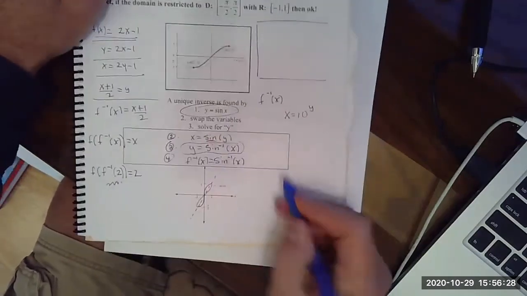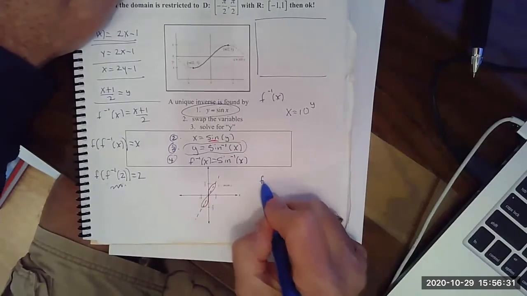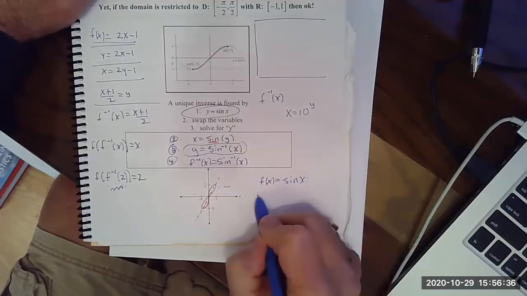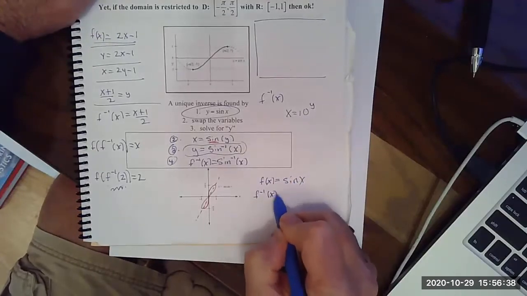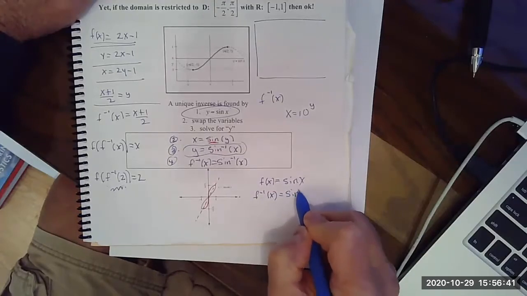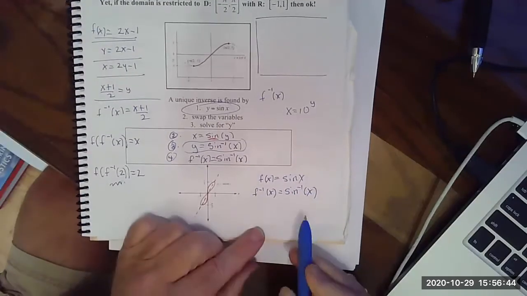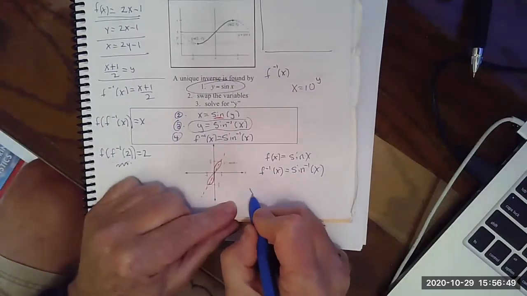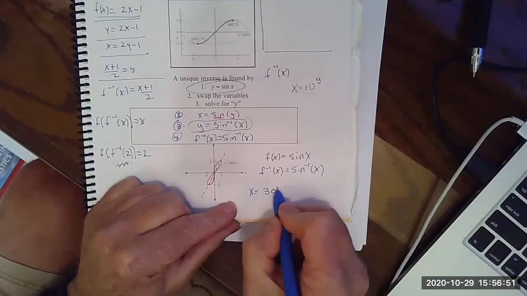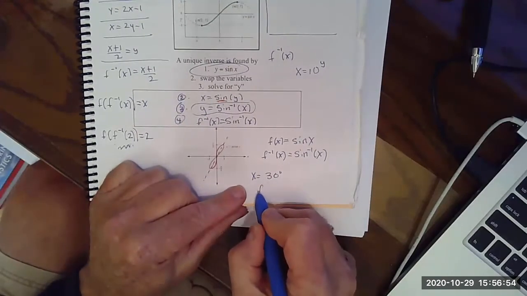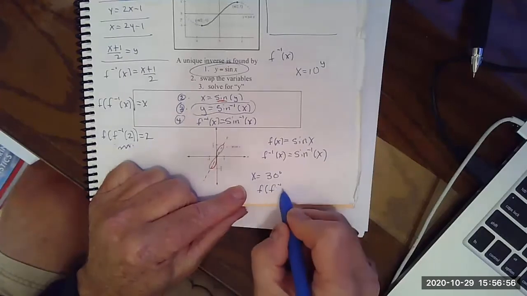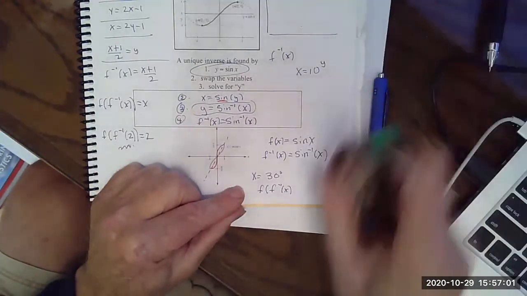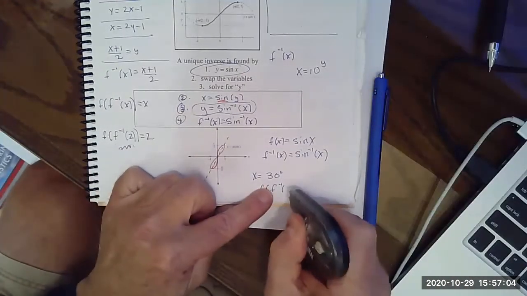The point that I'm trying to make is, if f of x is equal to sine x, and f inverse of x is equal to sine inverse of x, it won't make a difference what angle you put in. Say the angle is 30 degrees, then f of f inverse of 30 degrees will be 30 degrees.